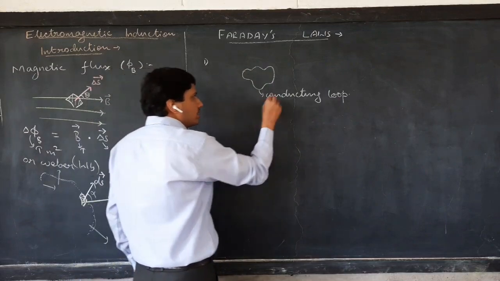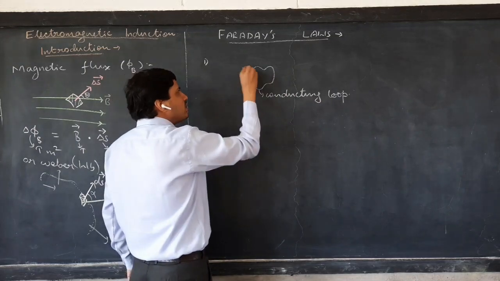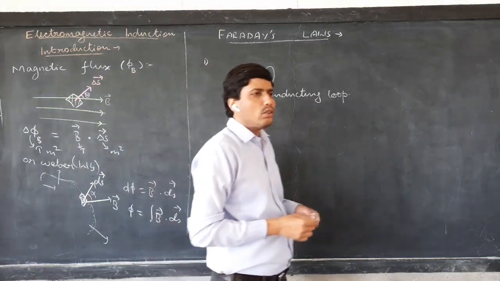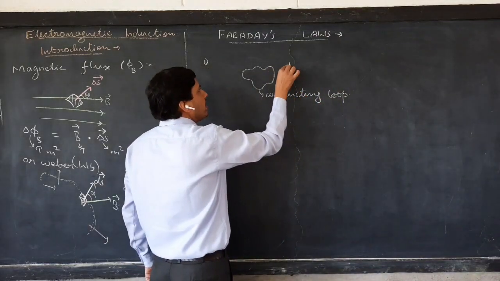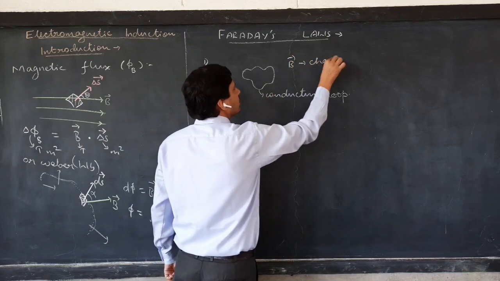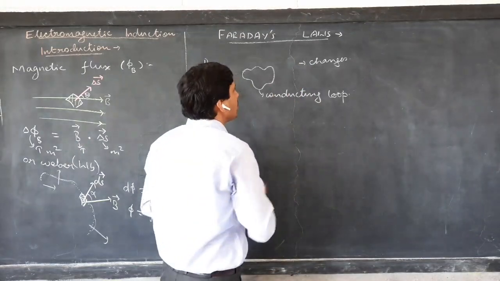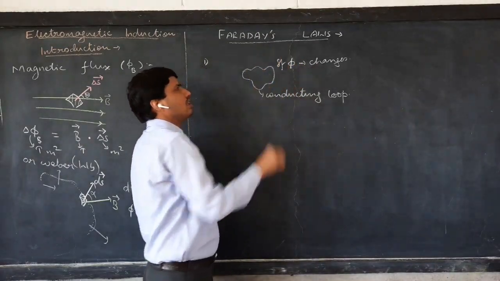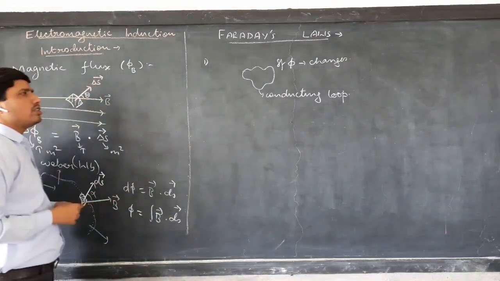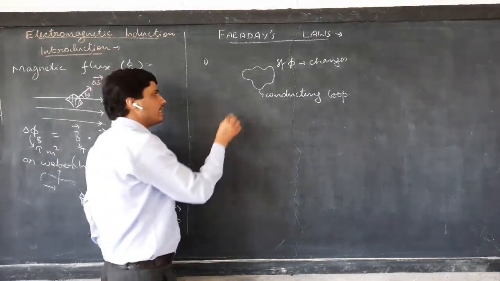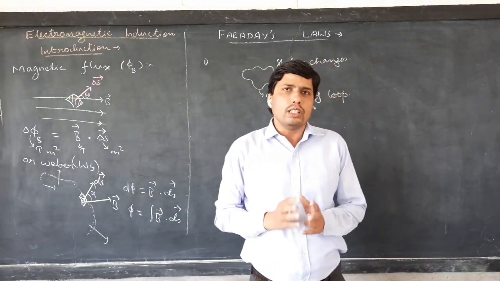So if we have a conductor, in the most general form, placed in an external magnetic field, and if the magnetic flux linking through some loop, some circuit, some metal changes, let me rectify myself, if magnetic flux changes, then in this particular wire or conductor, some EMF will be induced.